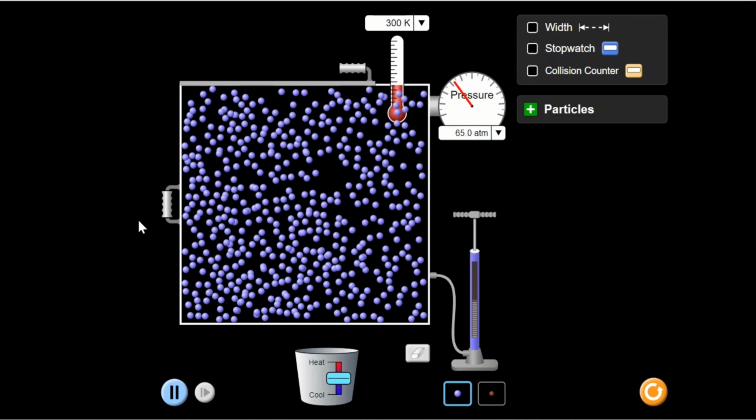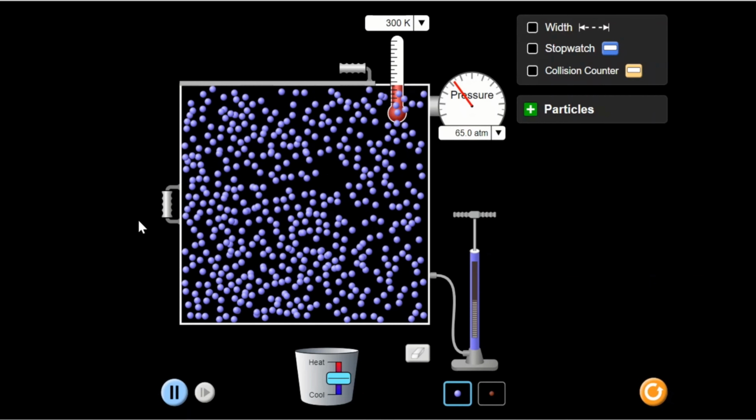For Charles's law, there is a directly proportional relationship of volume and temperature at constant pressure and amount of gas. Same also for Gay-Lussac's law, pressure is directly proportional to temperature, again at constant volume and amount of gas.